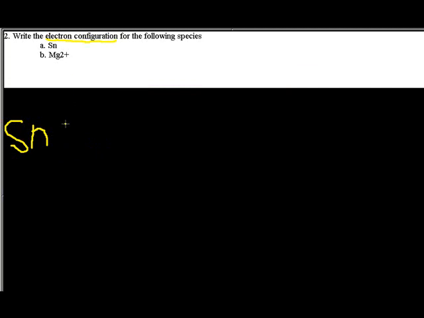Now what's going to happen for electron configuration is we fill them one step at a time. So Sn will have 1s2, then we have 2s2, then we have 2p6. Now typically you disregard the p, x, y, and z, combine them all, and that fills your 2p6.